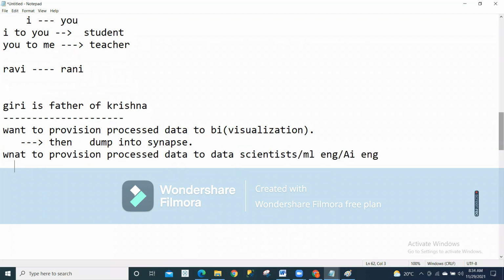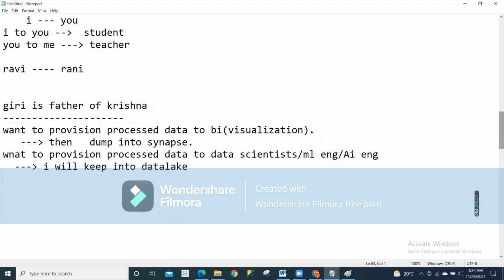Then I will keep the processed data into the data lake. Understand? Even though data is structured, I will keep it into the data lake. From that data lake, machine learning engineers will build their models by taking that data.